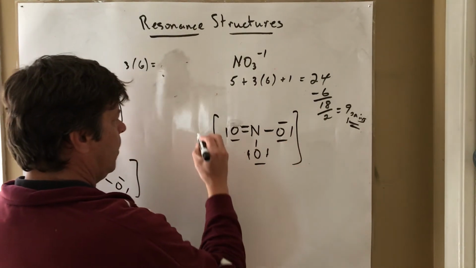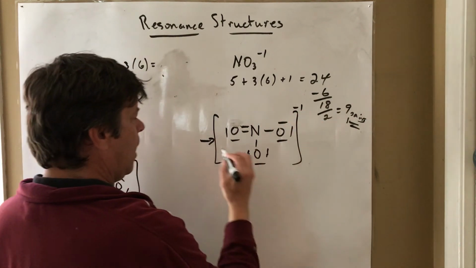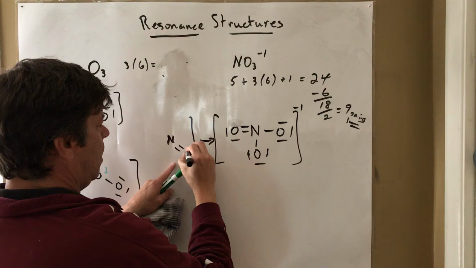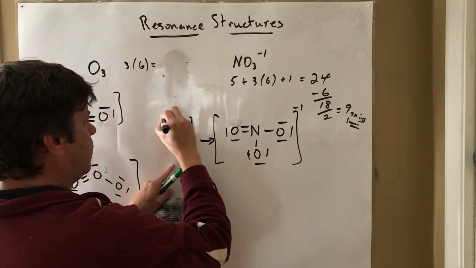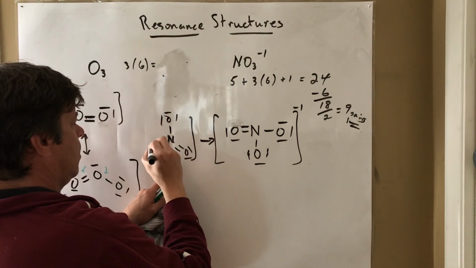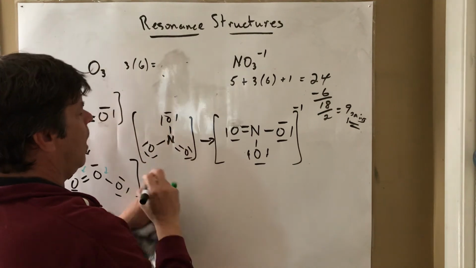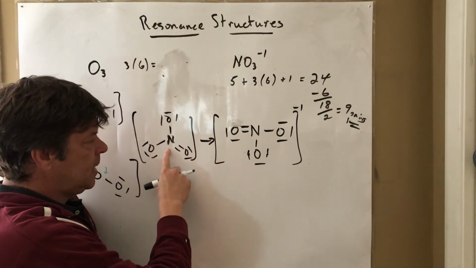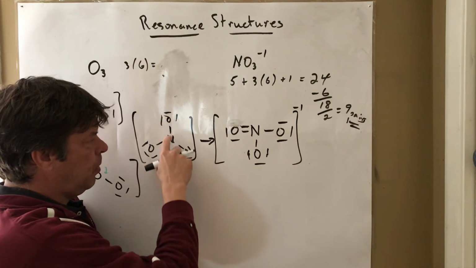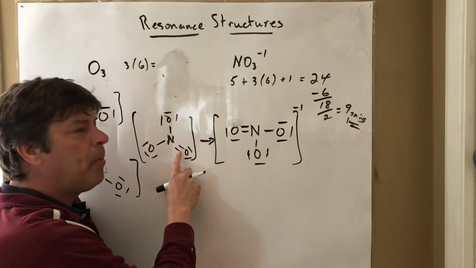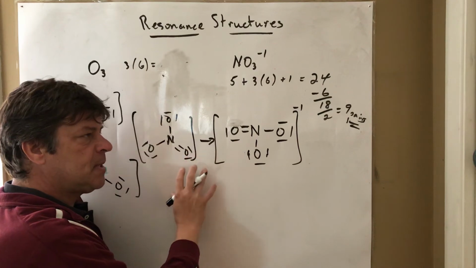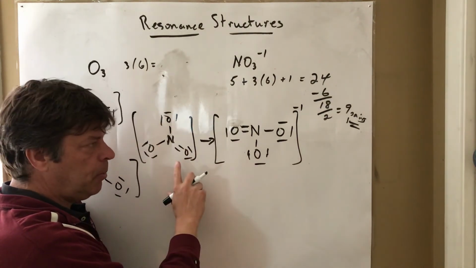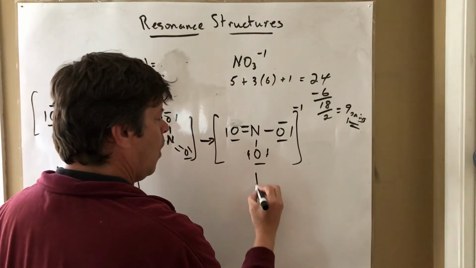Let's put a -1 there, okay? Notice I'm drawing this trigonal planar. These will try to spread apart as much as possible. A double bond pushes basically the same as a single bond. So we're going to show that this is trigonal planar. And then of course we draw one more.